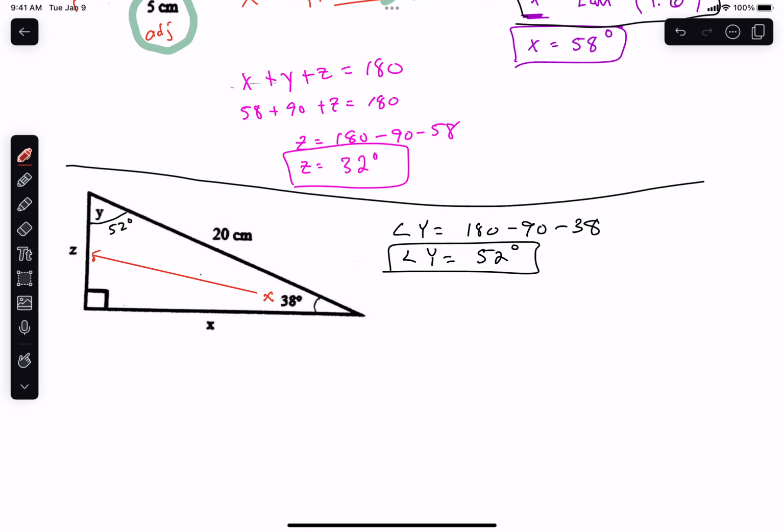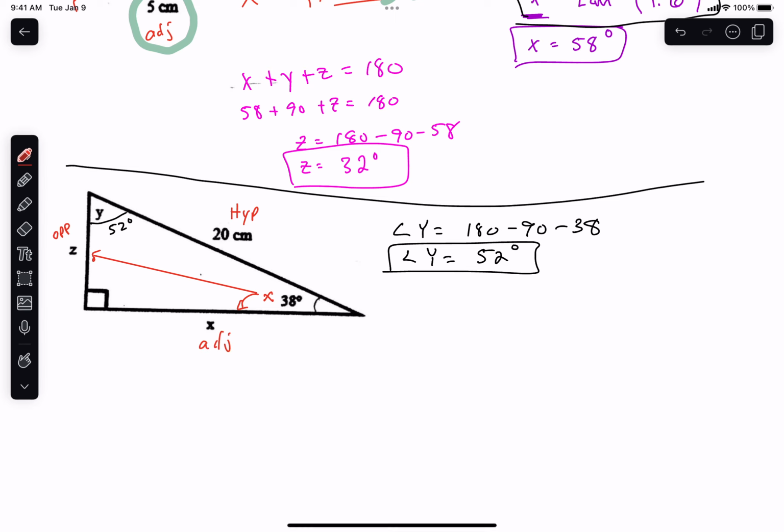No, not the answer I'm looking for. Obviously, I know it's Z. Opposite, as we've done, which means this is hypotenuse, and this must be adjacent by default.